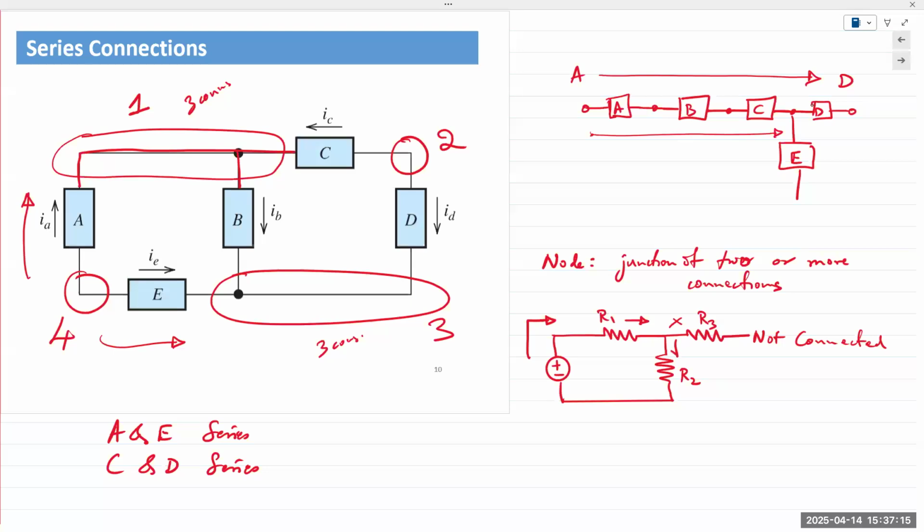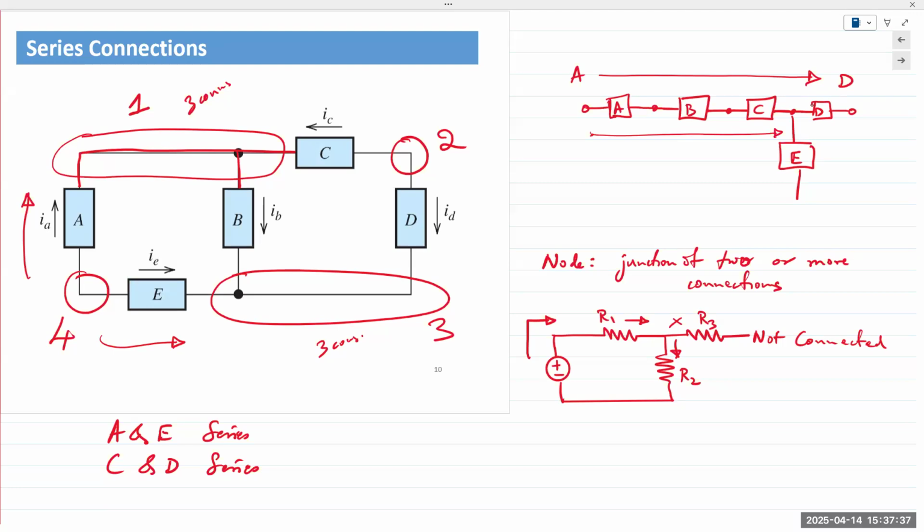Nothing will go through R3. Everything will go through R2. Remember, current needs a closed loop, a closed pathway to flow through. So if there's no closed pathway, if there's an open loop, current's not going to flow through, no voltage drop across the resistor, and R3 may as well not be connected. Hence, R1 and R2 will be in series.